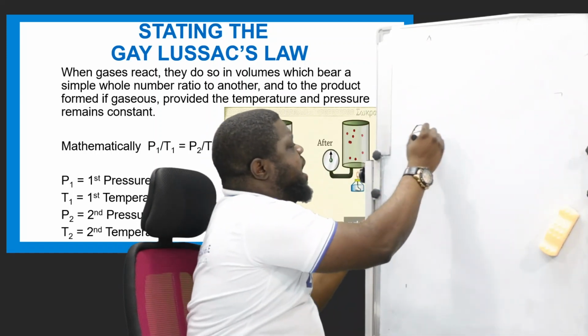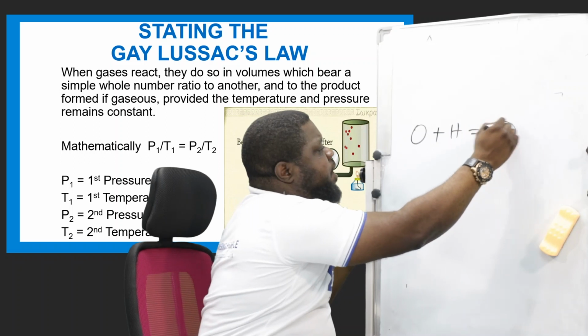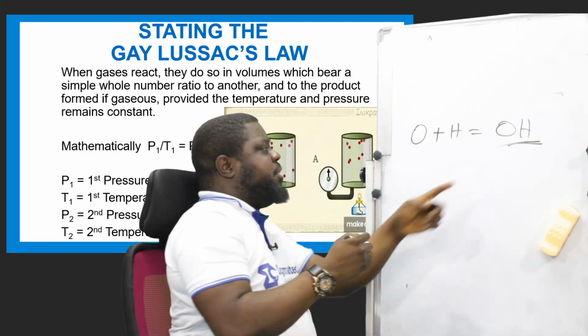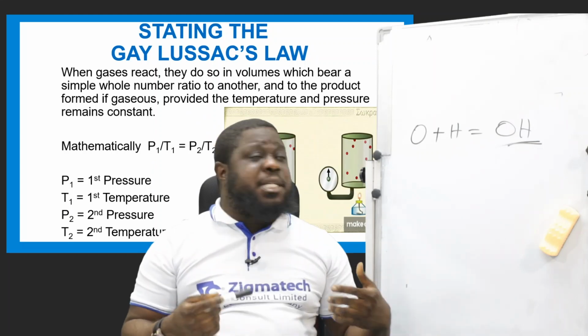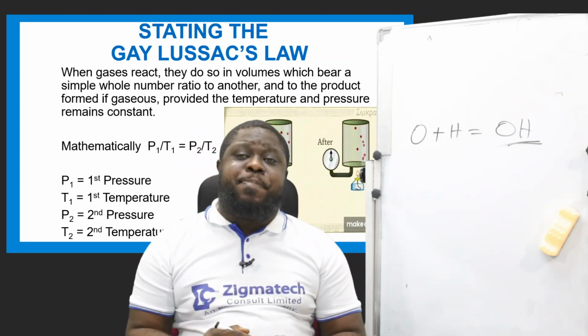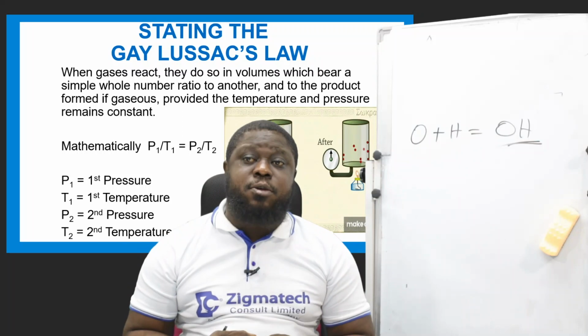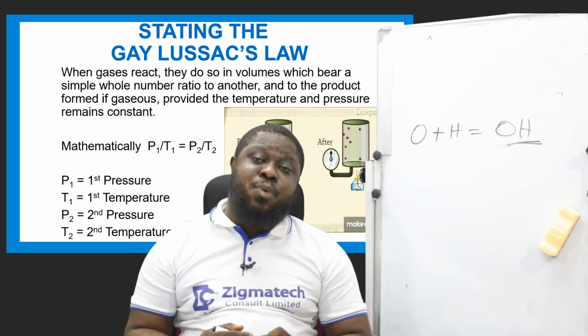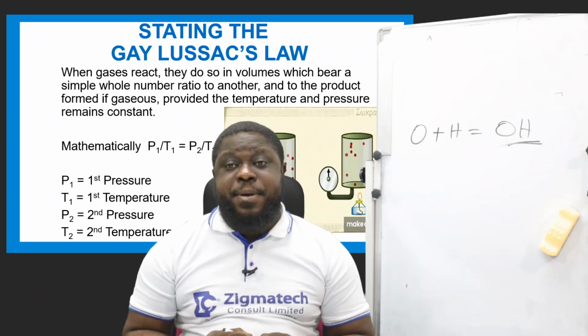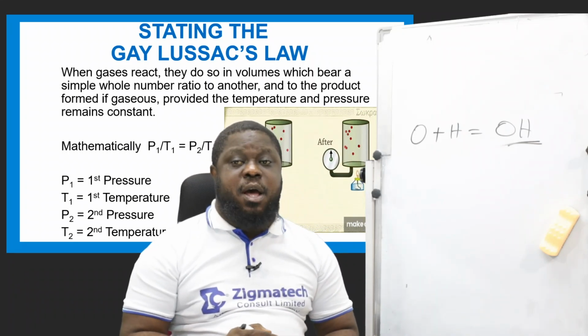Oxygen and hydrogen will give us hydroxide. Still one whole number ratio. The same thing. So mathematically, the first pressure, P1 divided by T1, equals P2 divided by T2, where P1 is the first pressure, T1 is the first temperature, P2 is the second pressure, and T2 is the second temperature.